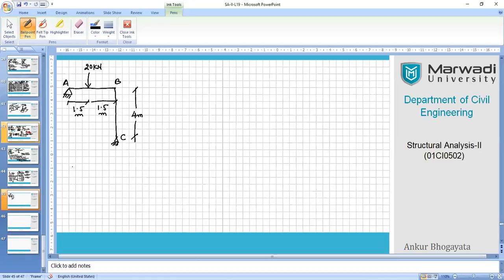So here, if I draw the free body diagram of this structure as a first solution step, I come to know how many unknowns I have in hand. There will be some vertical unknowns and definitely some horizontal unknowns. At the moment, I'm taking both horizontal unknowns as positive.